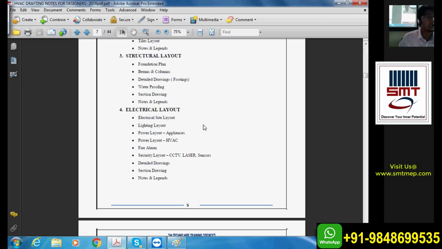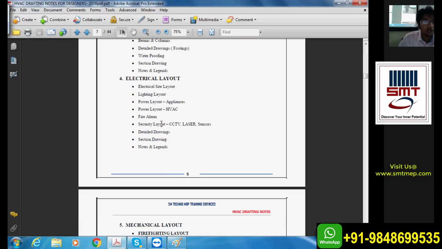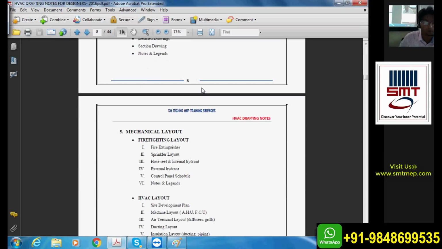For example a split AC or a cassette AC, for that you need a different allocated electrical supply. And for other appliances like kitchen appliances, maybe a microwave, maybe your TV, all these things require a different kind of strategy. Then there are fire alarms, and then you have security systems like CCTV cameras and laser sensors. All those are going to come under the electrical layout.